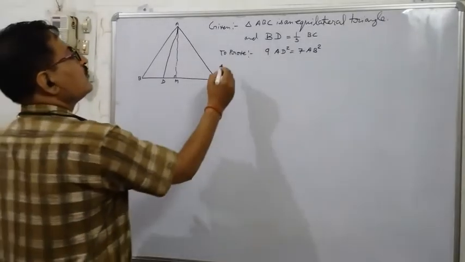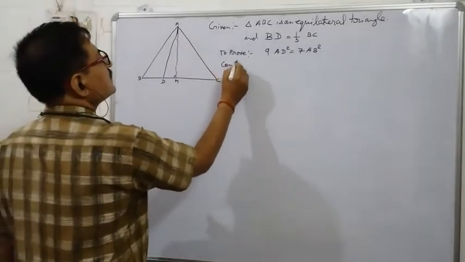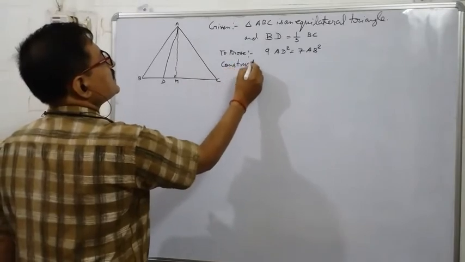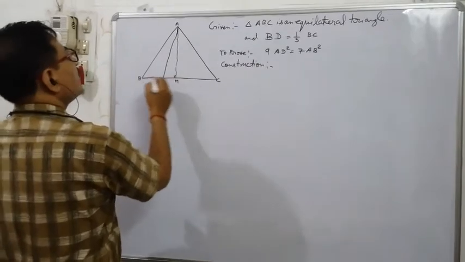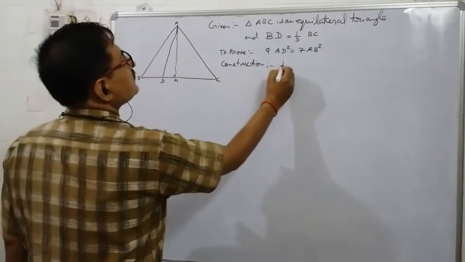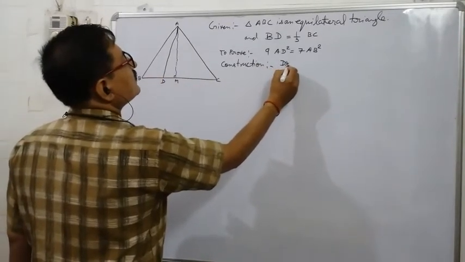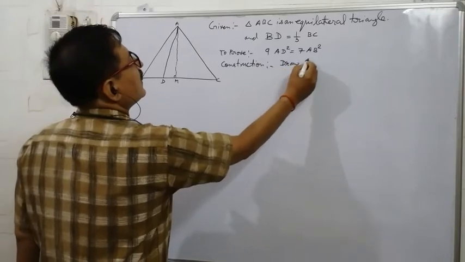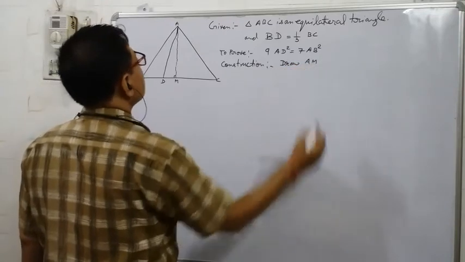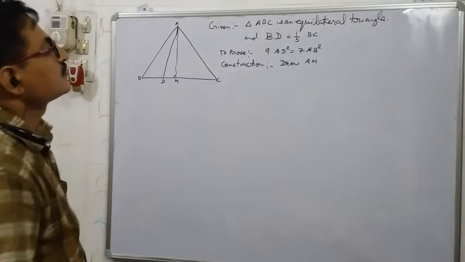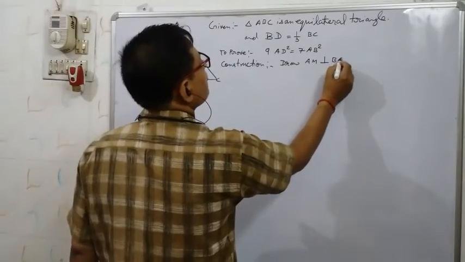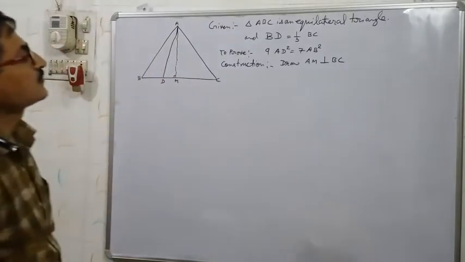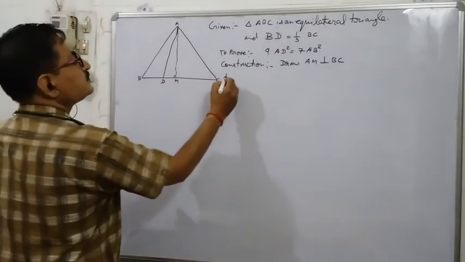Now what we'll do, first we have to do the construction, because one construction we have done. Draw AM perpendicular on BC. Now prove.